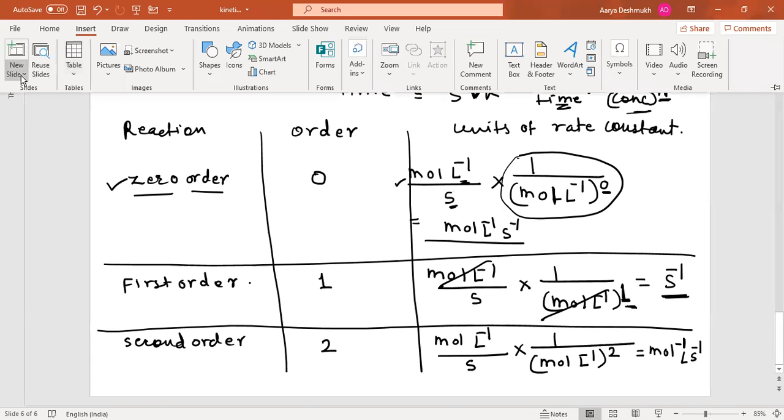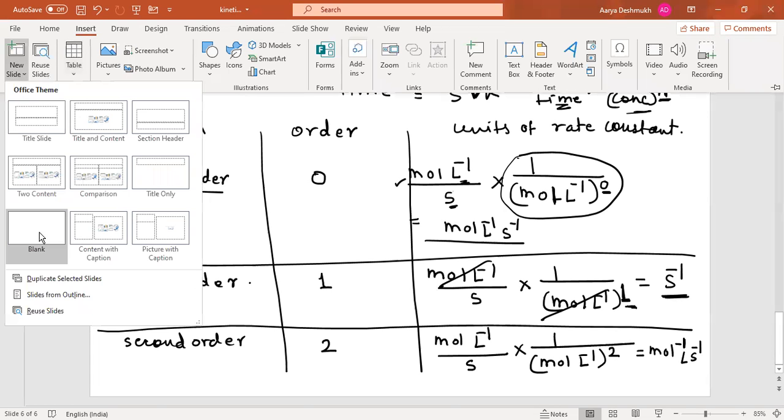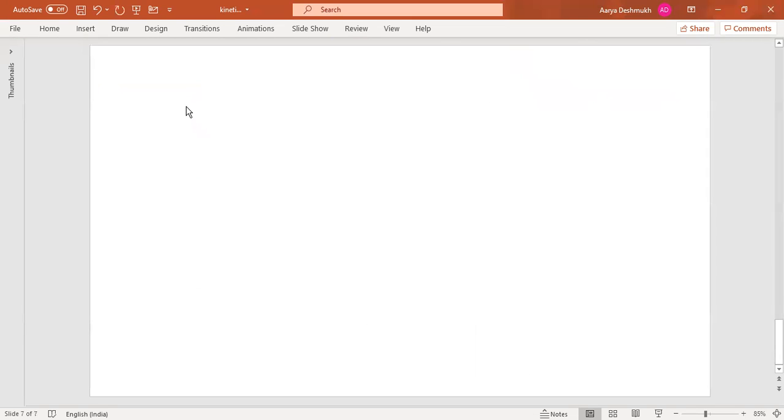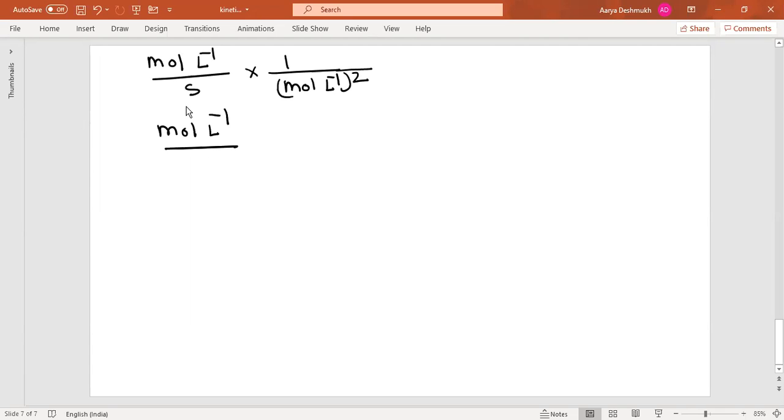Wait a minute, I'll add one slide. You will be more clear with this. Now for the second order, initially it is concentration per time into 1 divided by concentration raised to n, so moles per liter raised to 2, because n equals 2. Now you can simplify this as moles per liter divided by second into 1 divided by the square of this.